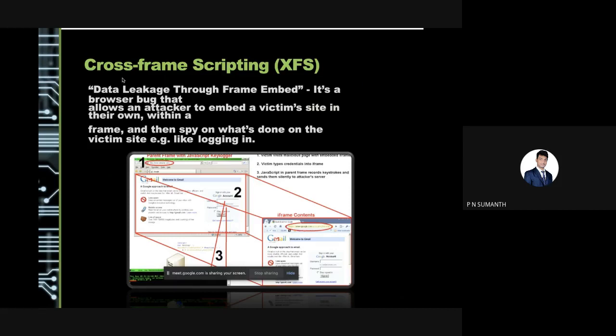Then comes cross-frame scripting, also called XFS. XFS, or cross-frame scripting, is an attack that combines malicious JavaScript with an iframe that loads a legitimate website in an effort to steal data from an unsuspecting user. This attack is usually only successful when combined with social engineering.